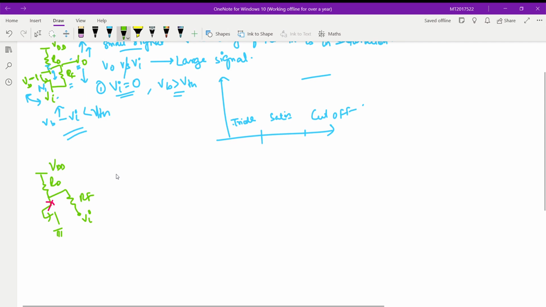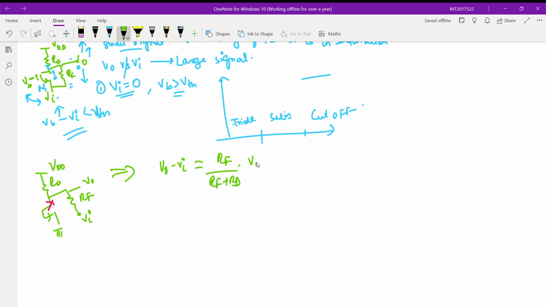So in this case, our Vout will simply be a voltage divider. So Vout minus Vi equals RF by RF plus RD times VDD minus Vi, right? I'm considering Vi as a reference. So the full voltage is VDD minus Vi, that is here.